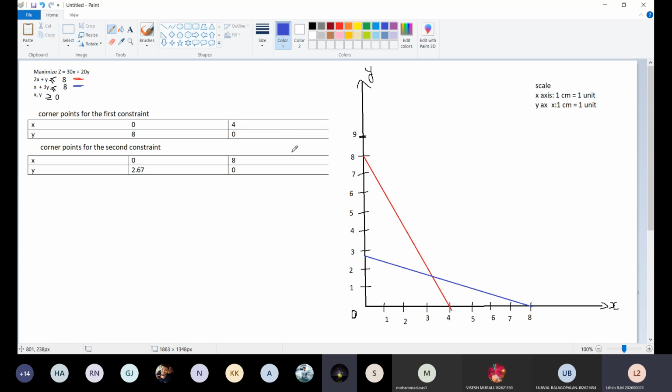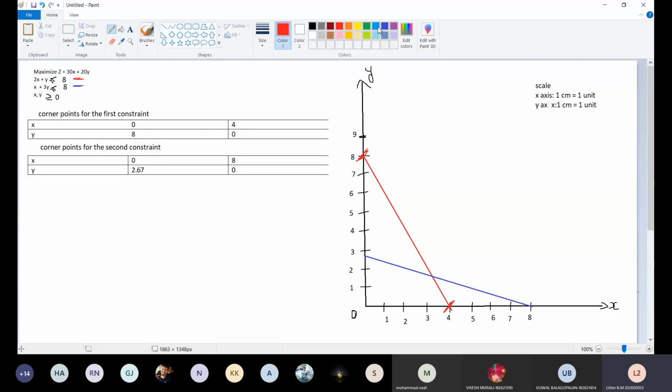So x is 4 and y is 8. So I have connected those two dots, 4 and 8. Any doubt in this? See, x is 4, here, and y is 8, here. I'm just connecting these two dots, as simple as that. So this is for the first constraint.